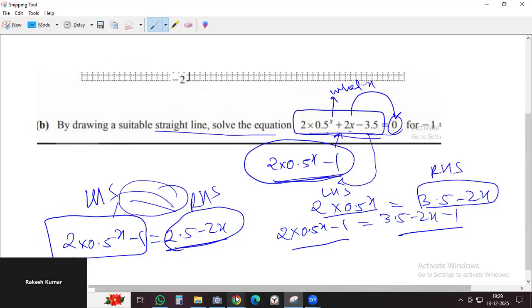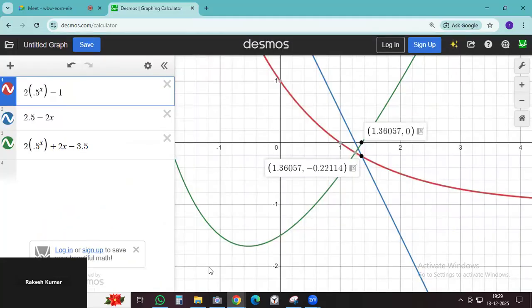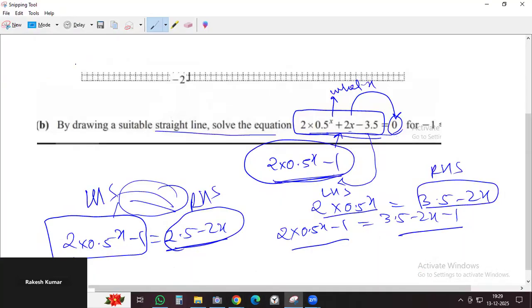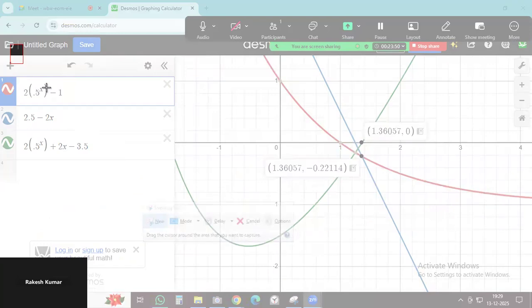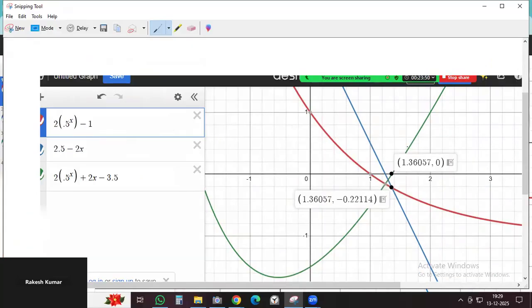On the graph, that means that when these two graphs intersect, they are intersecting at this point. This is this graph, this is this graph.